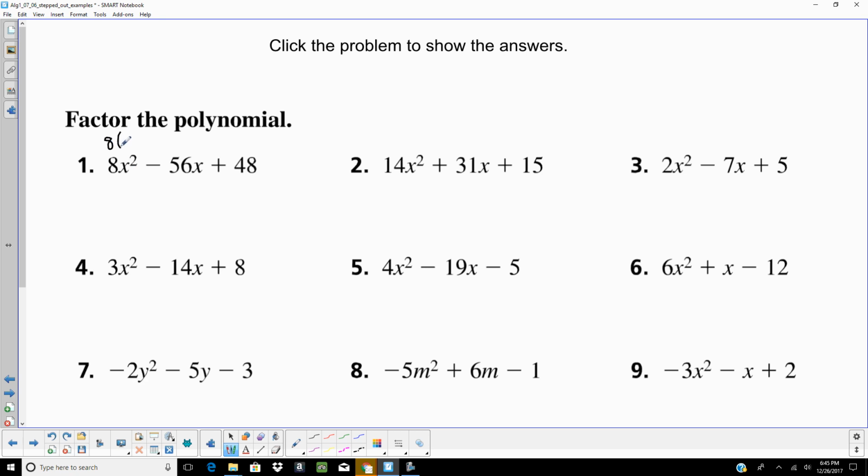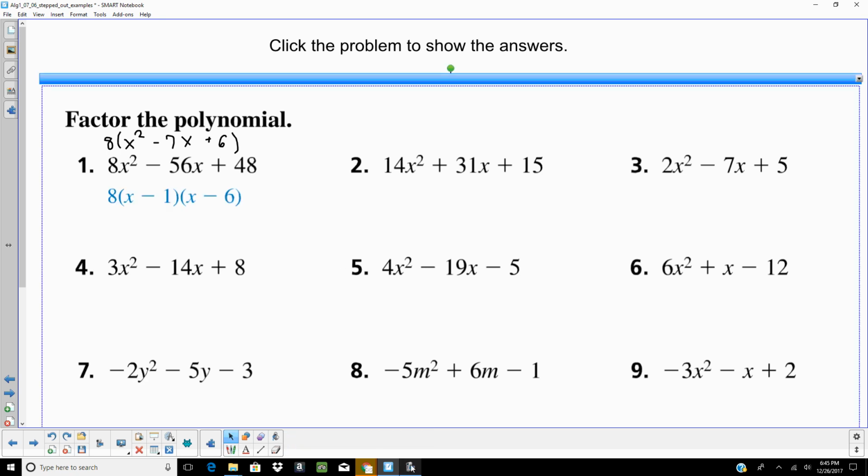And when I do that, I'm going to get x squared minus 7x plus 6. And then you just factor that further. Look for two numbers that multiply to 6, add to negative 7.